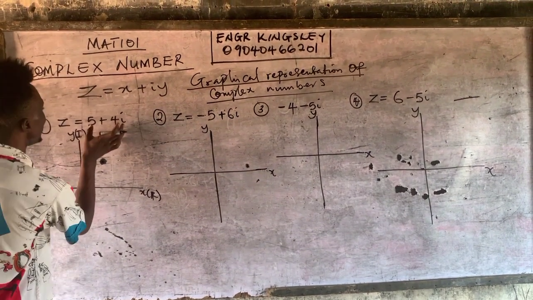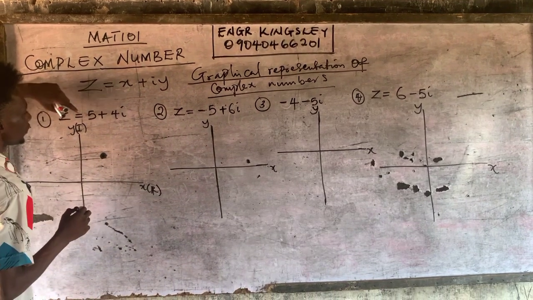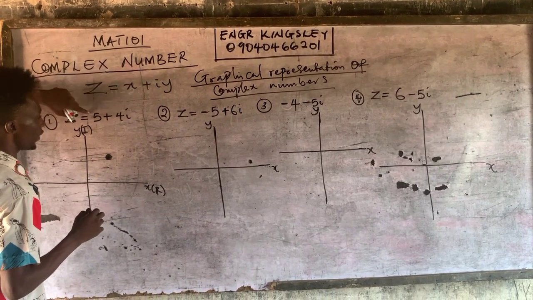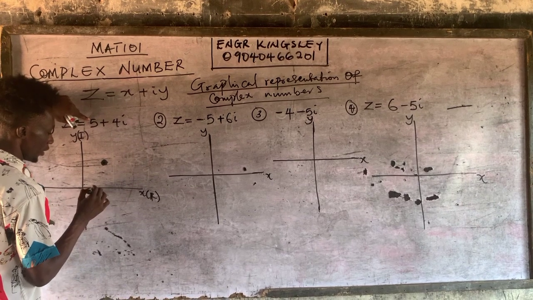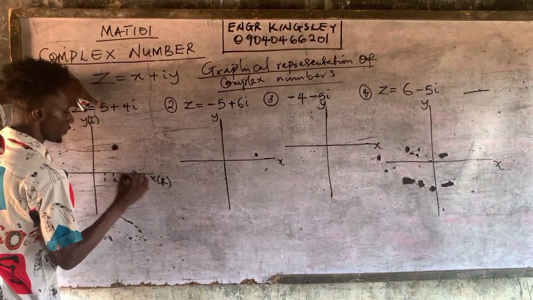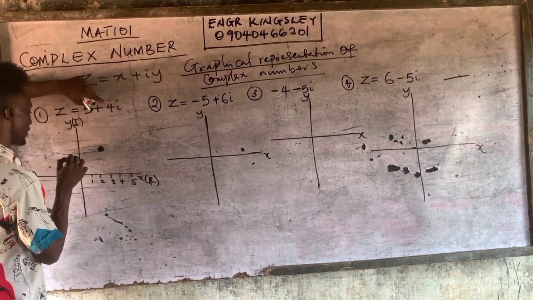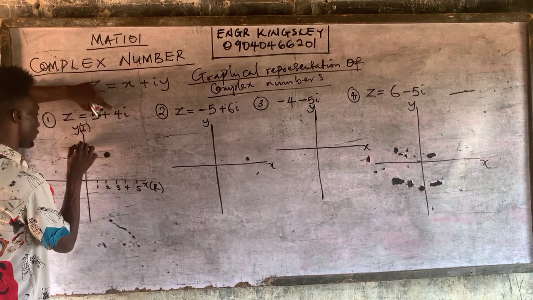So if I want to represent where both of them are positive, which quadrant do you think it falls into? The 5 is representing the value of x, which is the real. So 5 will be 1, 2, 3, 4, 5. 5 is along here. Then 4 in imaginary, which is the positive y-axis, will be 1, 2, 3, 4.